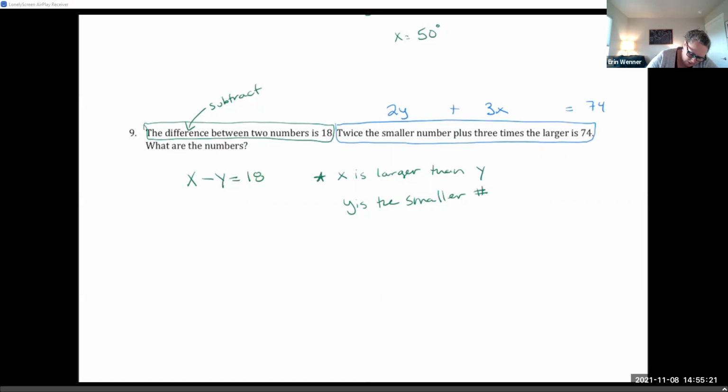So now we have the system that says x minus y equals 18 and 2y plus 3x equals 74. I'm going to let you solve it. Tell me what x equals, tell me what y equals.